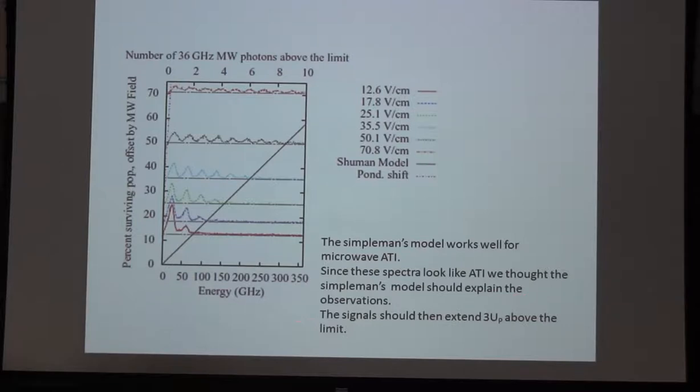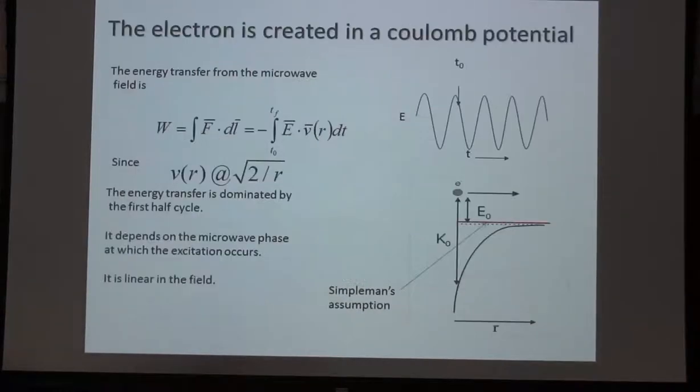Well, the microwave pulse is a long pulse, and so the maximum energy that you expect from the simple man's model is 3 times the quiver motive energy. This is the quiver motive energy here with the dotted line. So you can see that this clearly has nothing to do with the simple man's model.